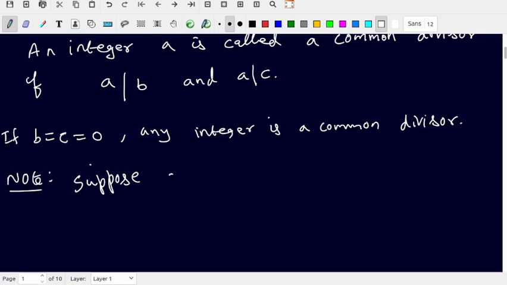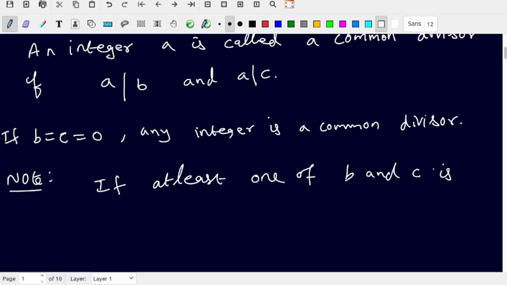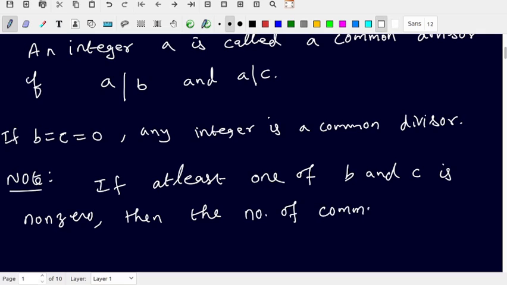Okay, suppose that at least one of B and C is non-zero, then the number of common divisors of B and C is finite.